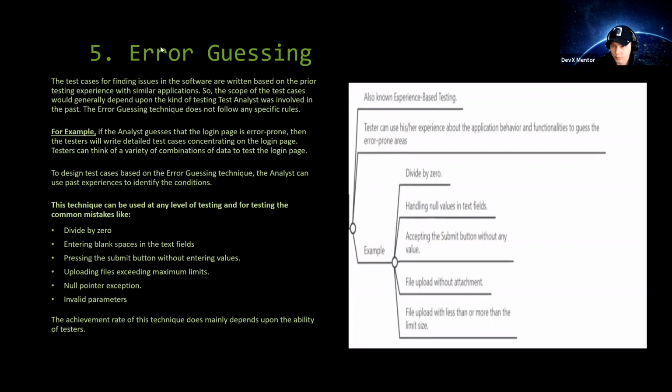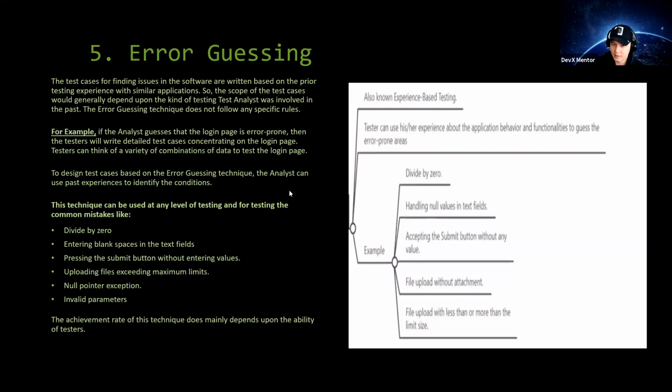So the scope of the test cases would generally depend upon the kind of testing the tester was involved in in the past. The error guessing technique doesn't have any specific rules. So you're working according to your experience: you found some bugs in a similar application in some places, so you try to find and test the same scenarios.